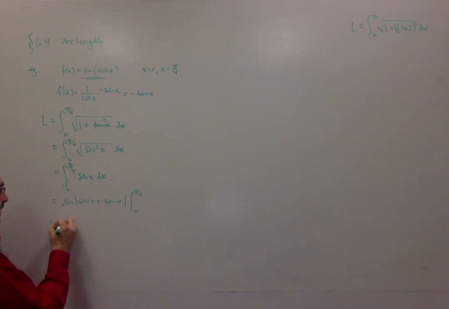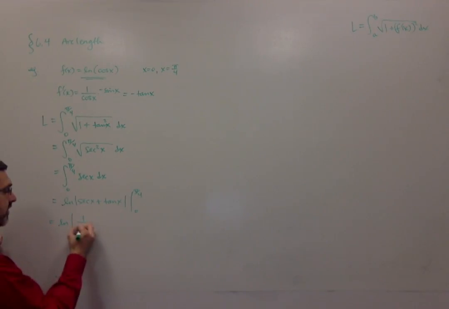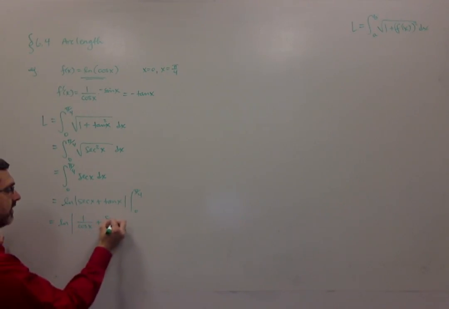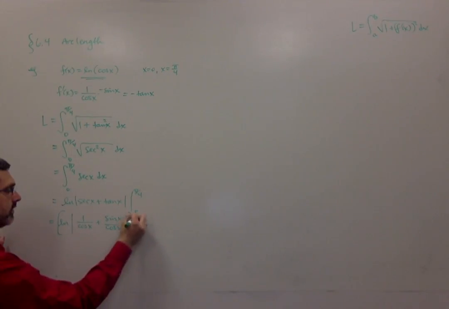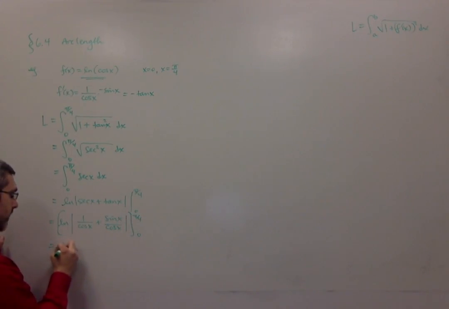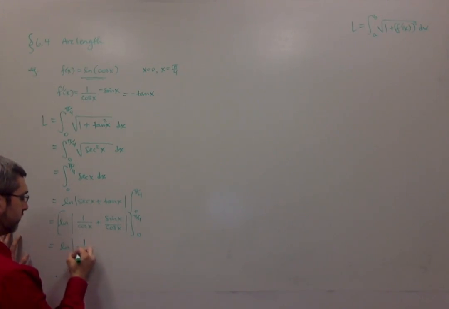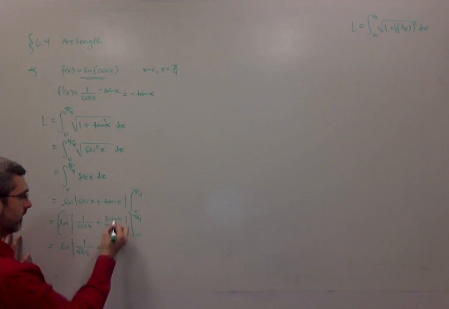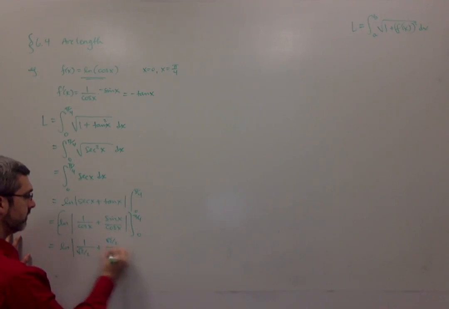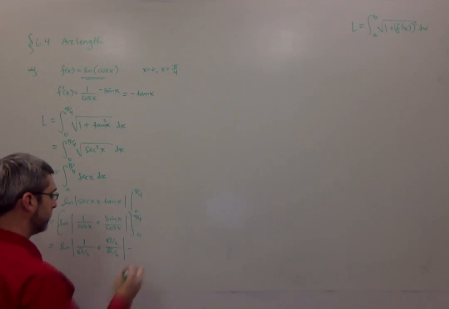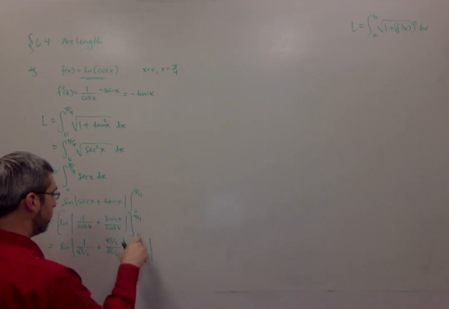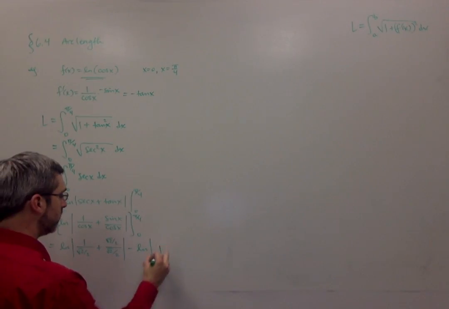And let's just sub in sines and cosines. So this is 1 over cosine and sine over cosine, if that helps you, plug in from 0 to pi over 4. When I plug in pi over 4, cosine of pi over 4 is root 2 over 2. Sine is root 2 over 2. Minus, when I plug in 0, cosine of 0 is 1.